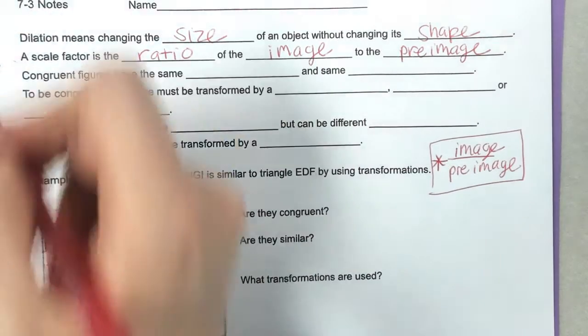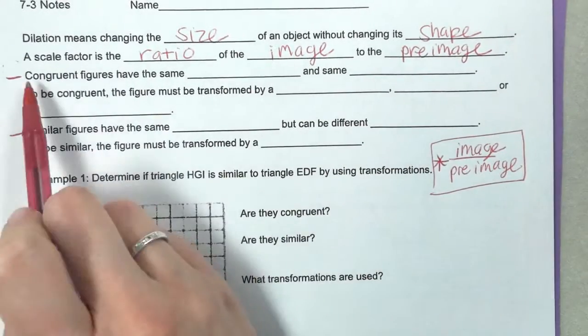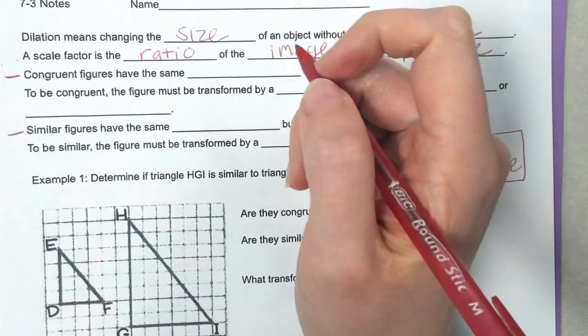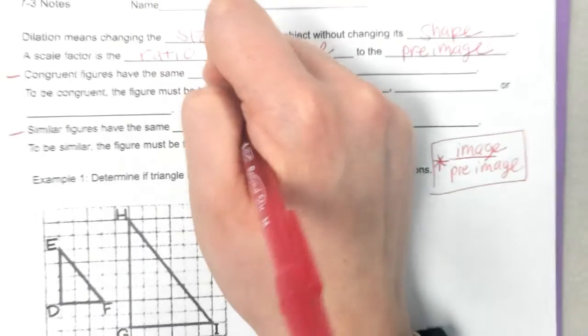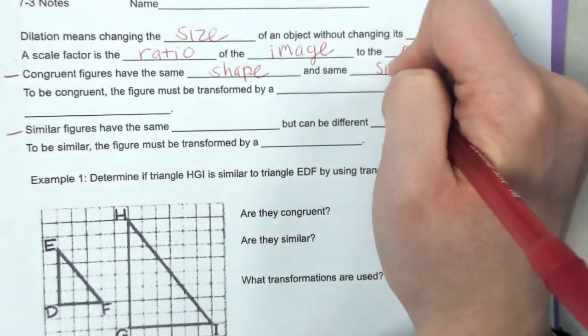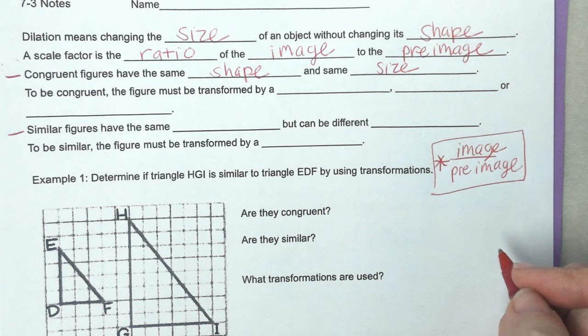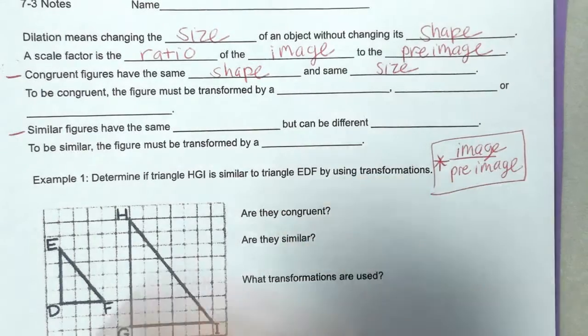So now this is kind of review, congruent and similar. So congruent figures have the same shape and the same size. Very good. To be congruent, the figure must be transformed by, raise your hand if you can tell me one of the transformations.